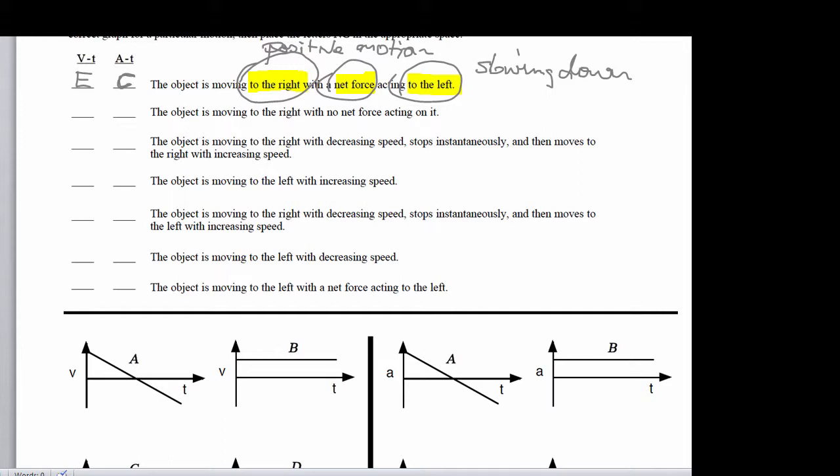All right, so let's have a look at another thing. So the object's moving to the right and it's got no net force. So what do you think is going to happen now? Who can tell me what to the right implies?